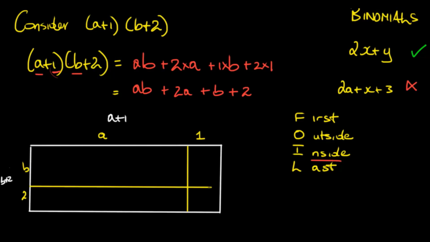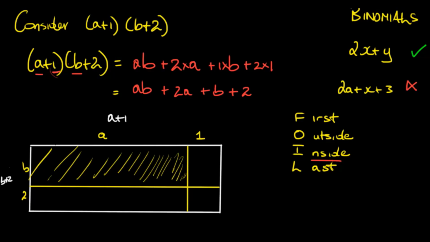So I could basically split it like that. Now, even though I don't know what a and b are, I've been able to split up my rectangle into 4 different pieces in which it will be easier to find its area. For this little rectangle right here, I know that its length is a and its width is b.